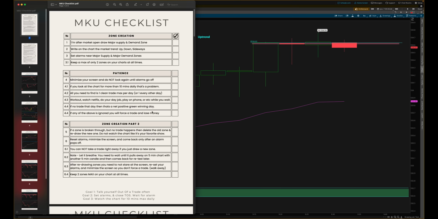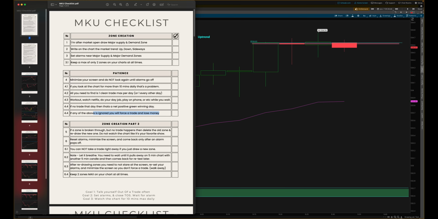A lot of times they haven't been successful because they can't get over the hump of the 10-minute piece, because they can't walk away and do something else, because they can't do one trade and they feel like they need to do 8, because they see a no trading day as a failing day to themselves internally. If any of this stuff is ignored, you will lose money over a long enough time horizon. I guarantee it to you, whether it's this strategy or not.